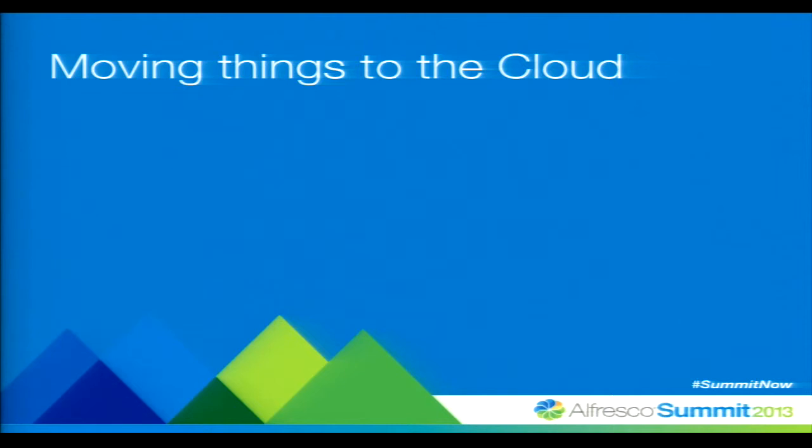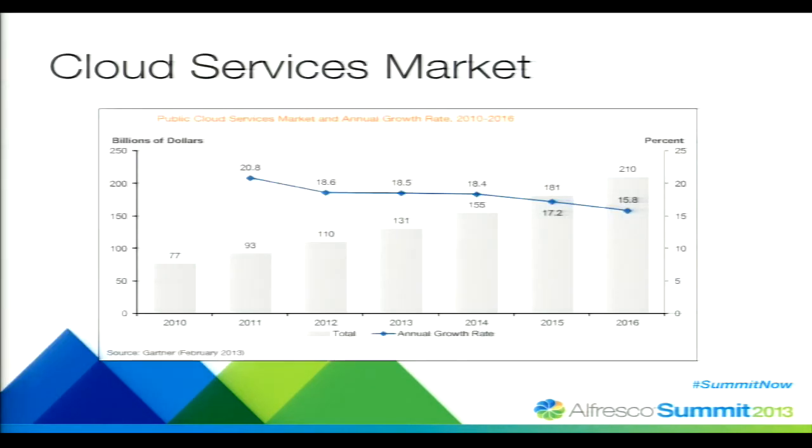So let's start. This is the first interesting point, apart from us. Moving things to the cloud. I guess that all of you know that the cloud services are a new trend, okay? Because in the last year, most IT companies that are offering services also provide services in the cloud, okay? This is not something that I'm saying.